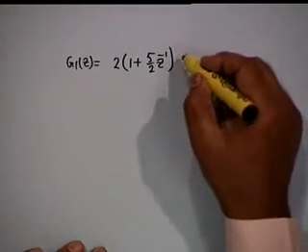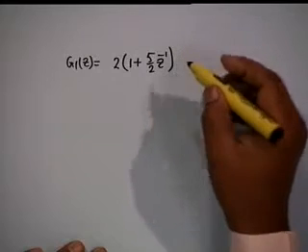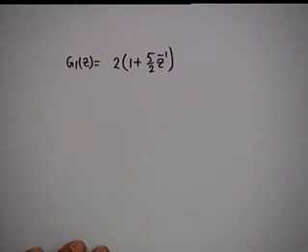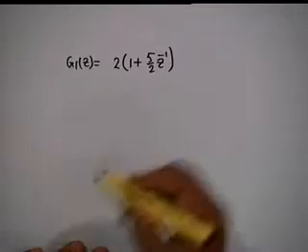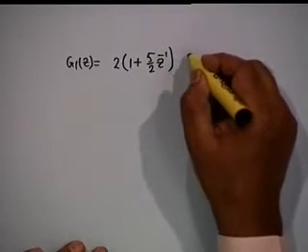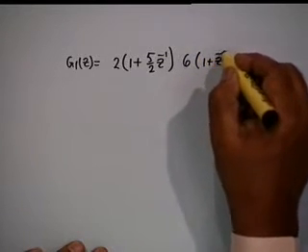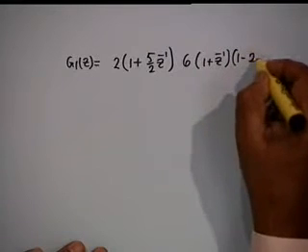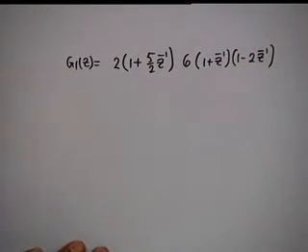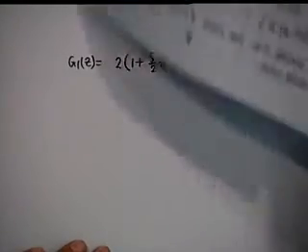And then the other quantity, 6 minus Z inverse minus 12 Z to the minus 2. A little bit of thought will show that you can factorize this into 6 multiplied by 1 plus Z inverse, 1 minus 2 Z inverse. The clue was very simple.